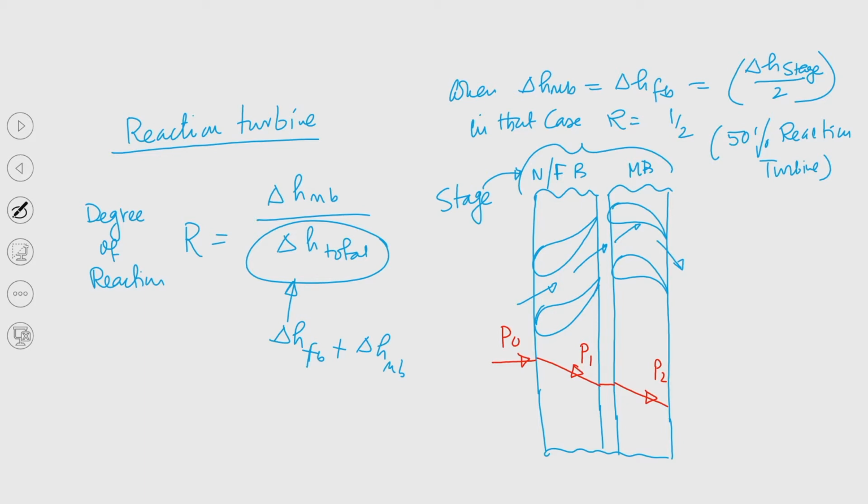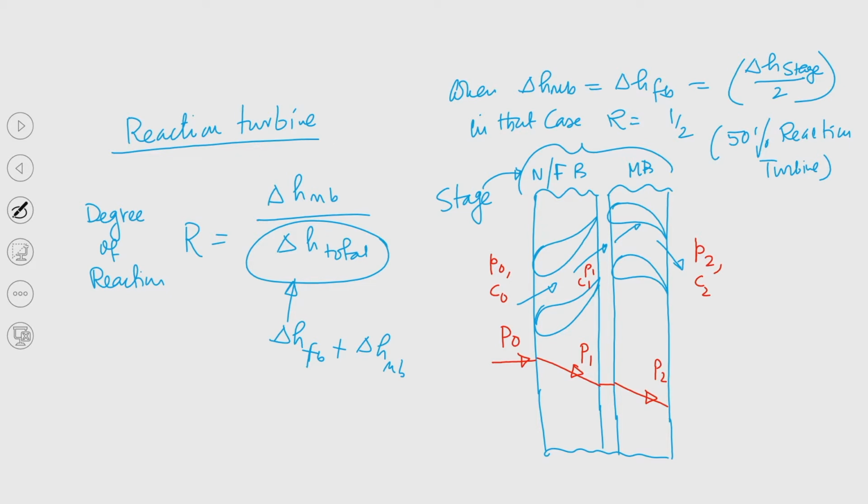So, basically this is P naught C naught, this is P 2 C 2 and this is P 1 C 1, that is at the inlet of the moving blades or exit of the fixed blades.